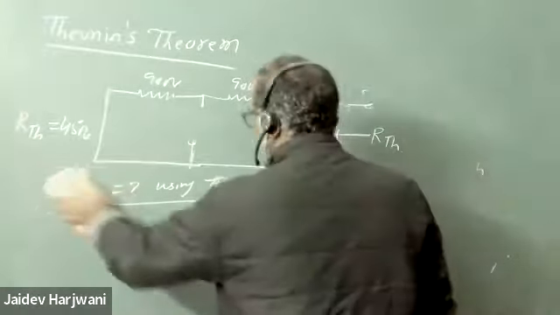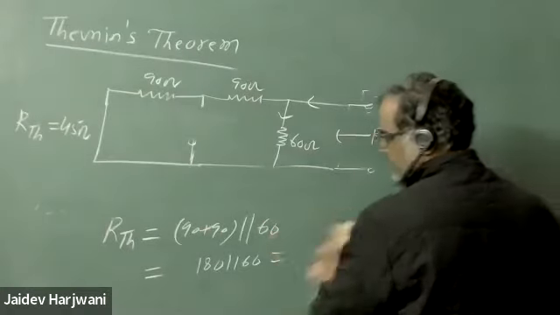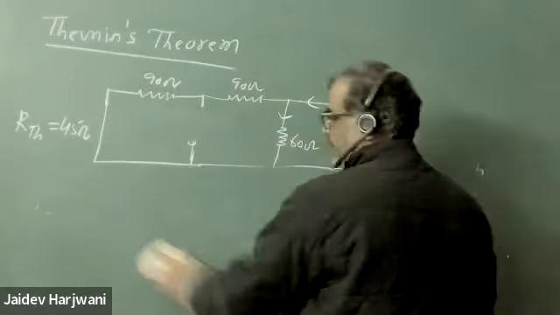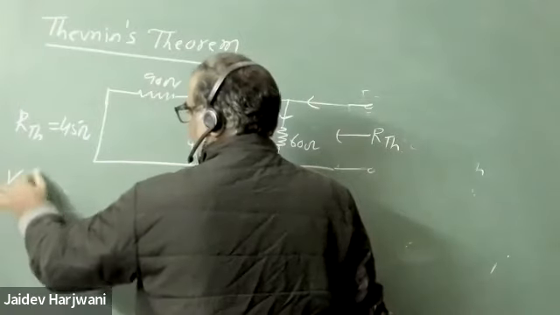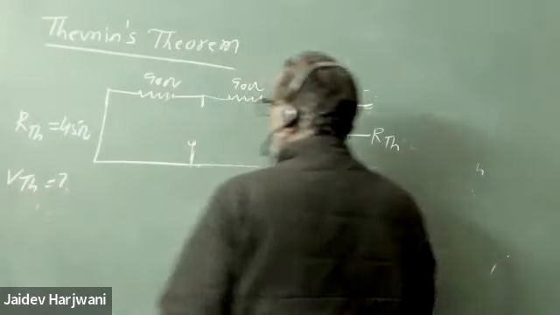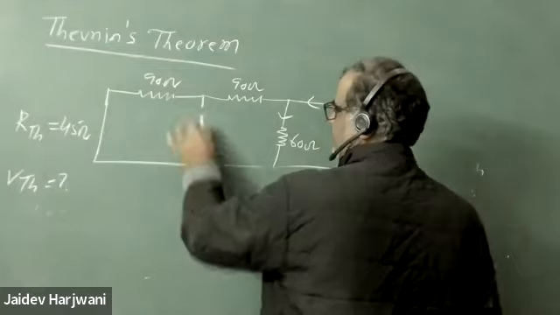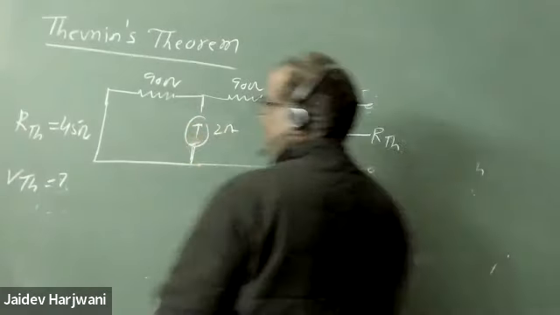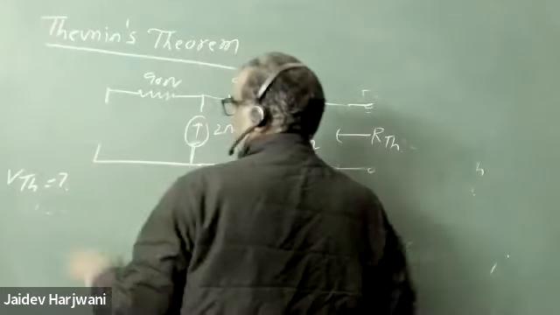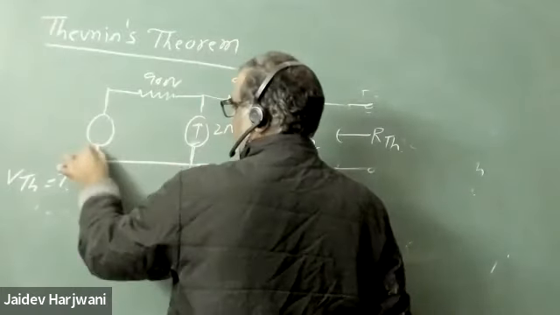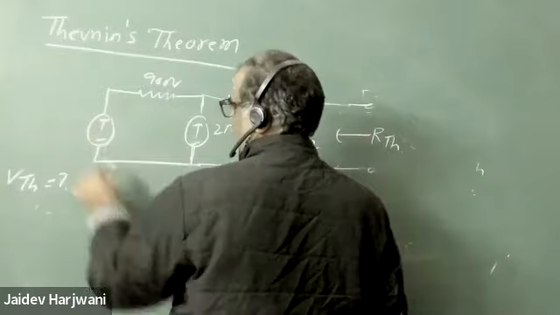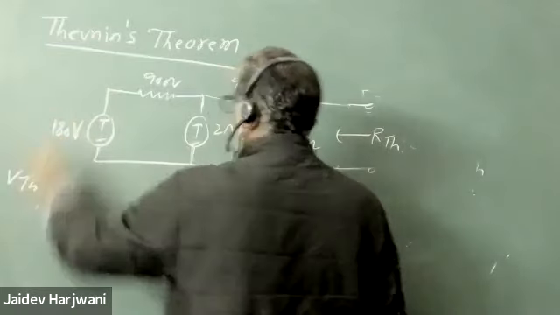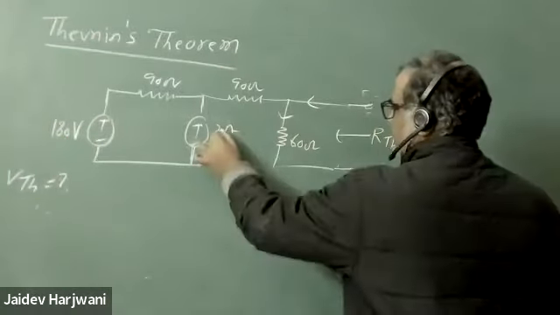Now again you want to calculate your VThevenin. Again I need to put the sources. The sources were 2 ampere, and what was the voltage source here? 180 volt. So the 180 volt is here.